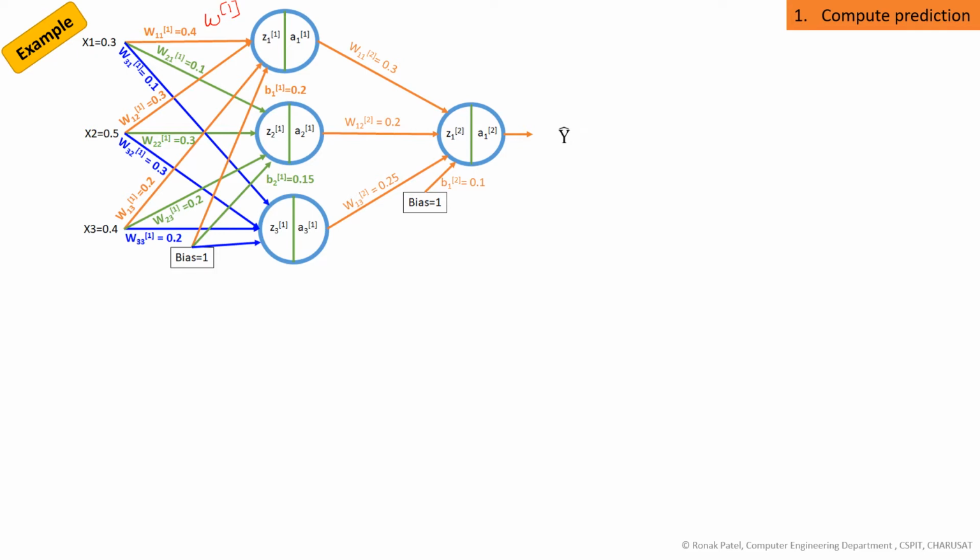The size of W1 is 3 cross 3, right? It stacks all the weights vertically. Means the first row is weights going to neuron 1. The second row is weights going to neuron 2. Third is weights going to neuron 3. Likewise. And here these are the W2.